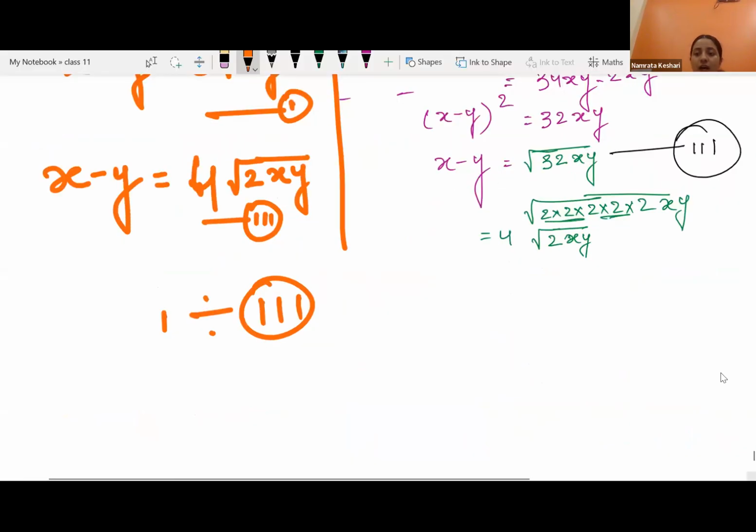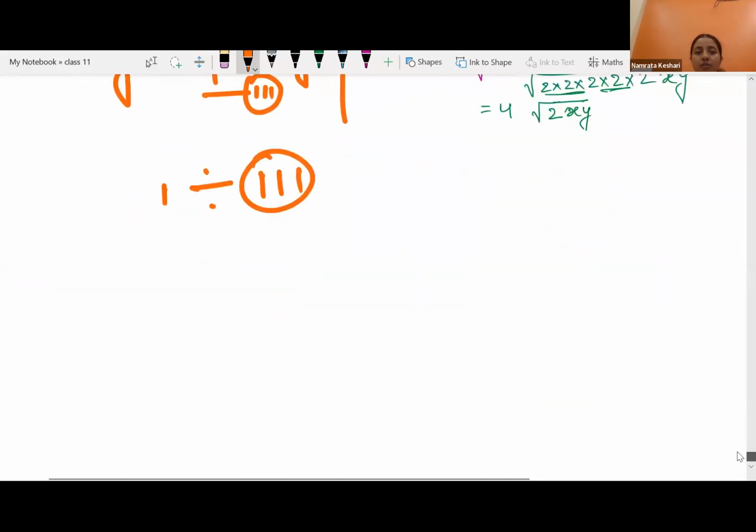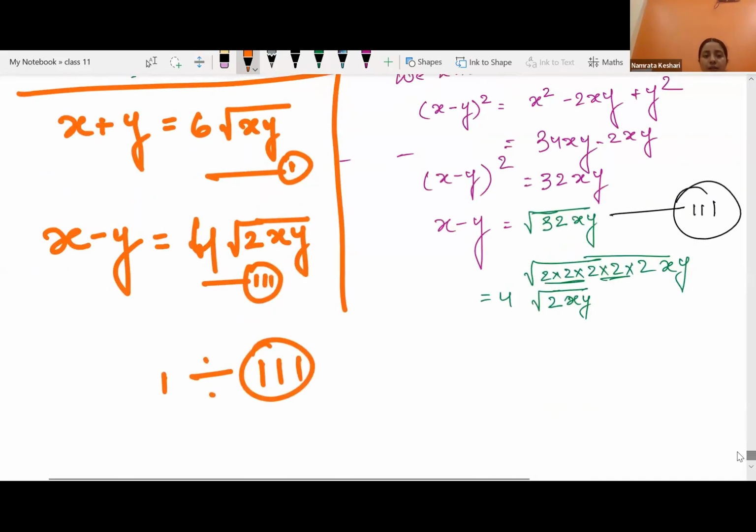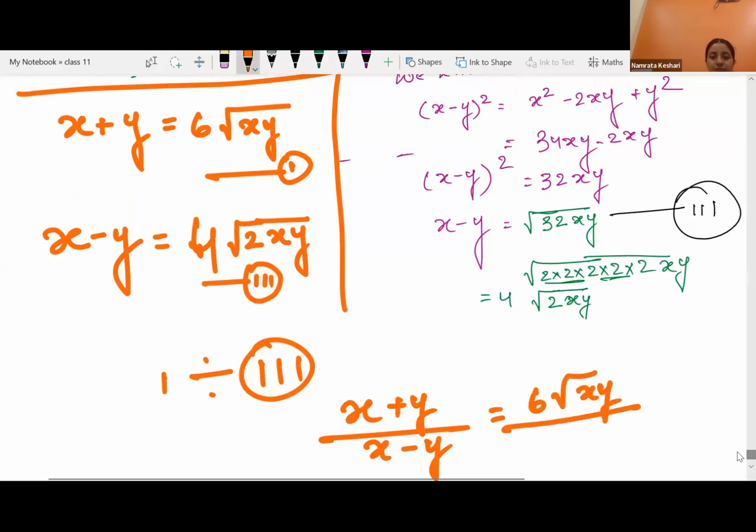Dividing two equations is allowed? Of course it is allowed. The way we can add them, similarly we can divide them also. We just need to divide left hand side with left hand side and right hand side with right hand side. By doing so, you can see what we are getting.